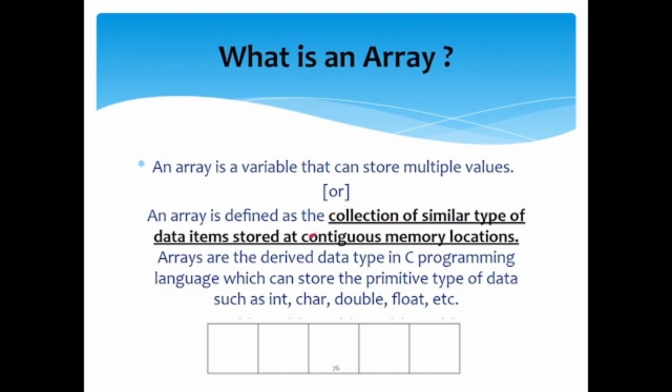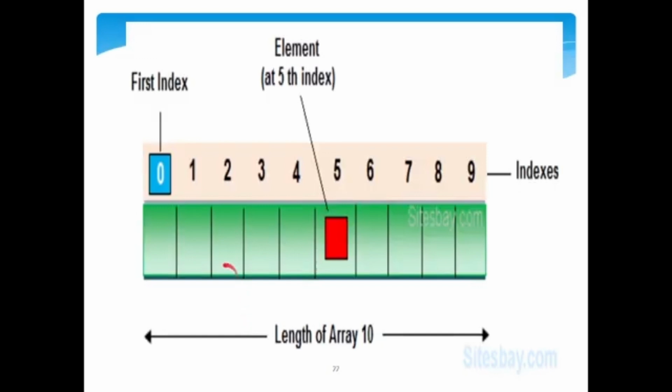And remember, they are stored in contiguous memory allocations. Nothing but, one after the other, the memory is allocated for each slot in the array. You can check the example here. There are different slots in the array.